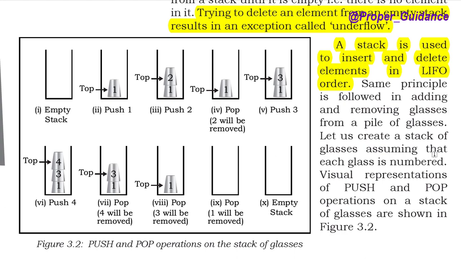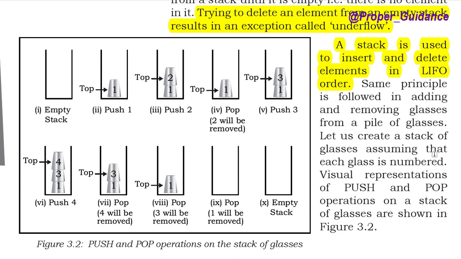Okay, so empty stack, there is a picture. Look at the picture, the diagram. Here is the first one, number 1, the empty stack, and after that we use the operation push 1, that is, at the top of the stack we are adding some element. Suppose here is the picture of a glass. You can't see the data in your machine.